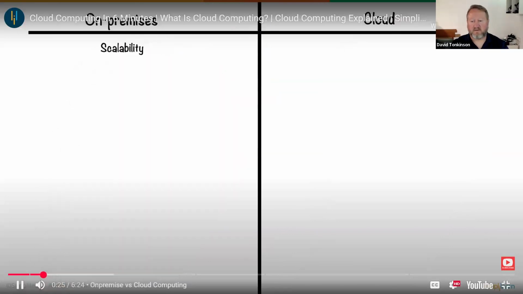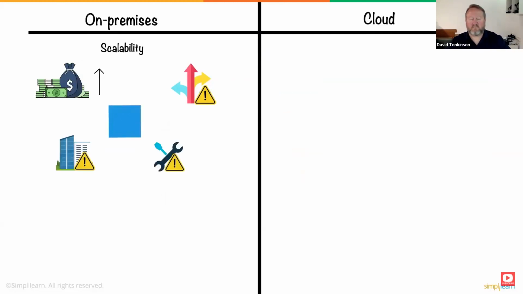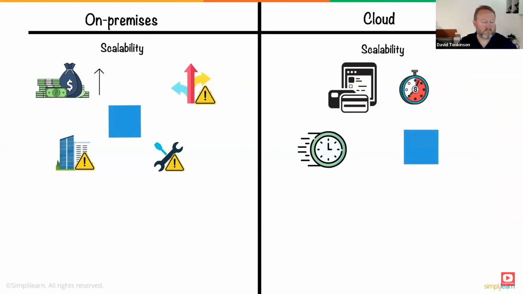When it comes to scalability, you pay more for an on-premise setup and get lesser options too. Once you've scaled up, it is difficult to scale down and often leads to heavy losses in terms of infrastructure and maintenance costs. Cloud computing, on the other hand, allows you to pay only for how much you use, with much easier and faster provisions for scaling up or down.